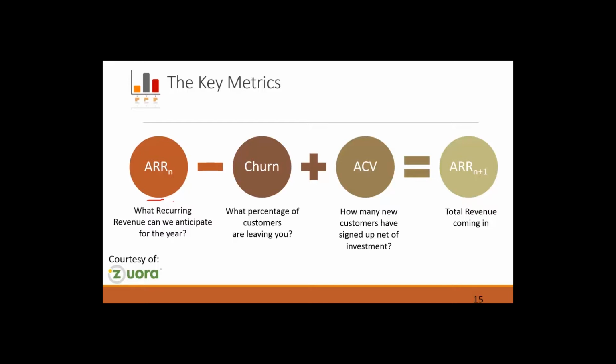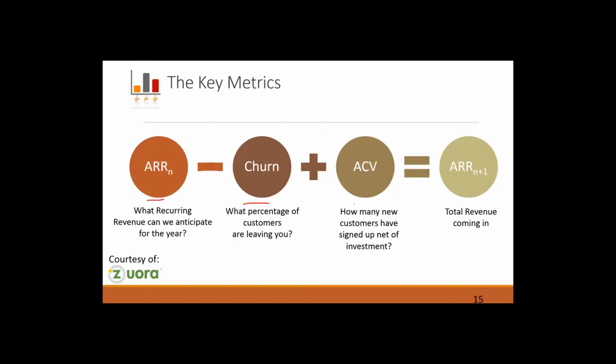If you have quite a few members, you can project out into the future pretty accurately what those people are going to generate in terms of revenue. But what you only know after it happens is how many people leave you. What's your churn? This is obviously a subtraction from your monthly revenue, because you're losing customers, you're losing that revenue.